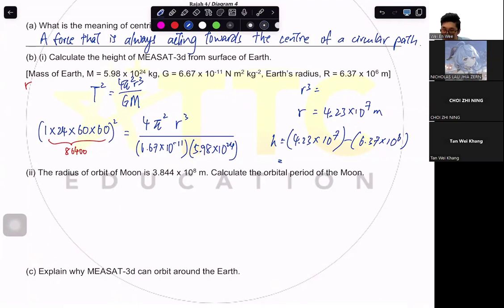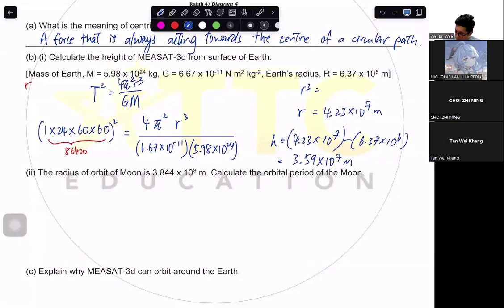You get 3 point something something times 10 to the power 7, 3.59. Anyone couldn't get these numbers? Okay. All right, now the radius of the orbit is this amount.